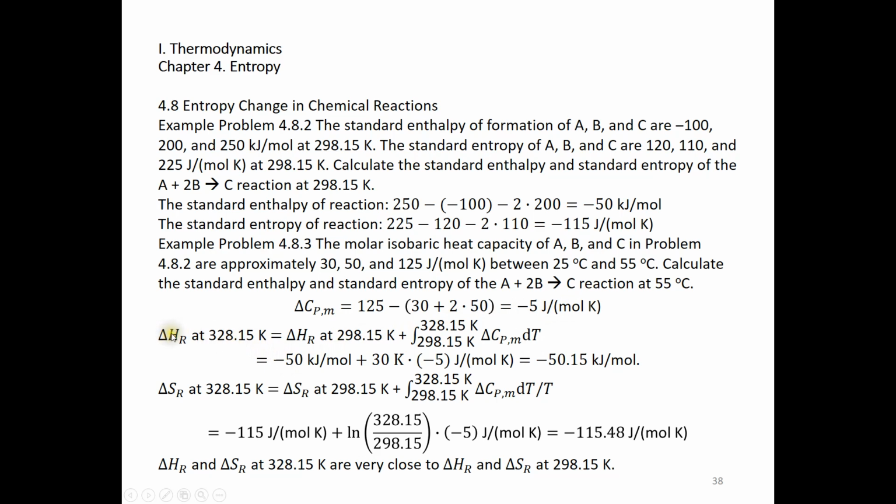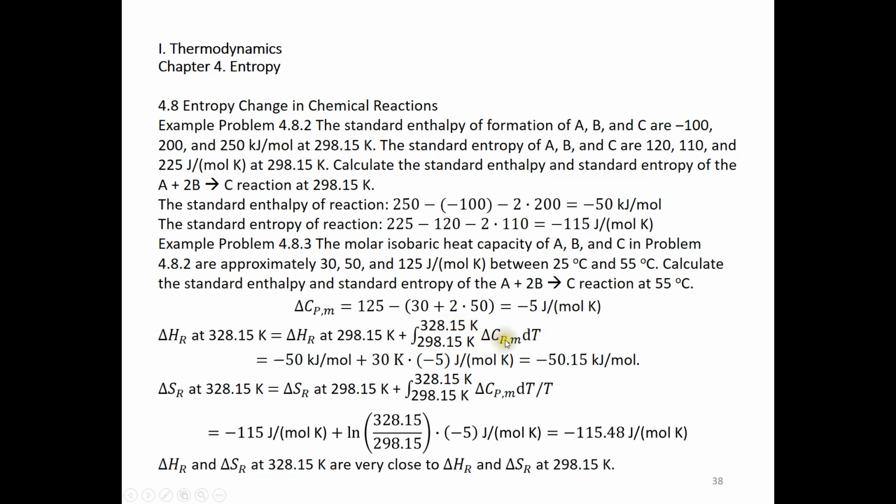Now delta H of the reaction at 55 degrees Celsius, or 328 Kelvin, is simply the room temperature enthalpy of reaction plus this integral from 25 degrees Celsius to 55 degrees Celsius of delta CPM dT.